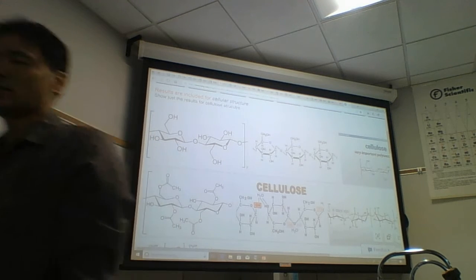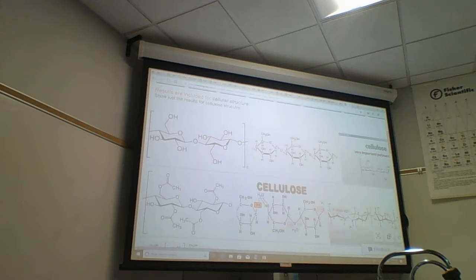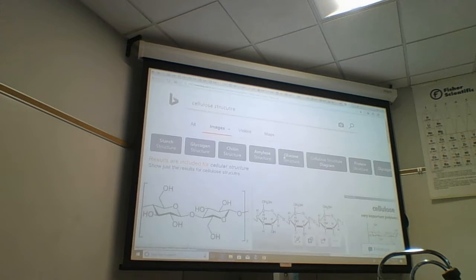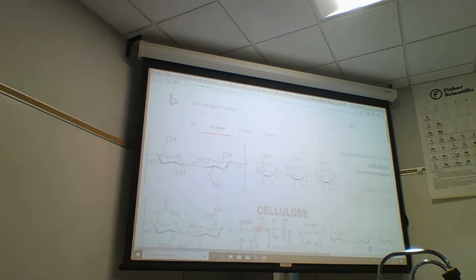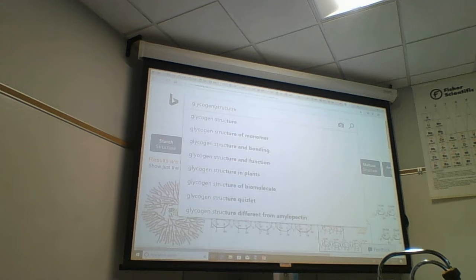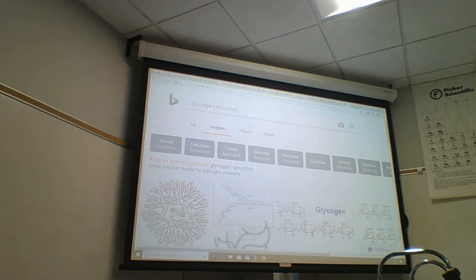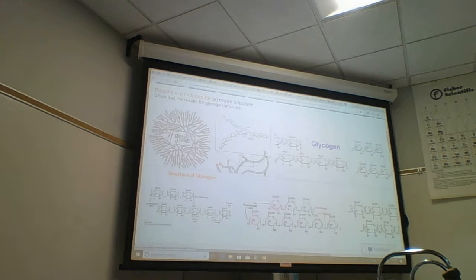And the difference is the way it's linked three-dimensionally. It's the shape. So take a look at cellulose. And do you know how sugar is stored in the body? It's stored as glycogen.